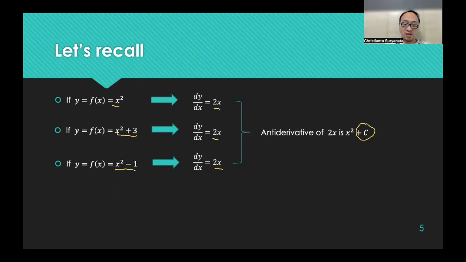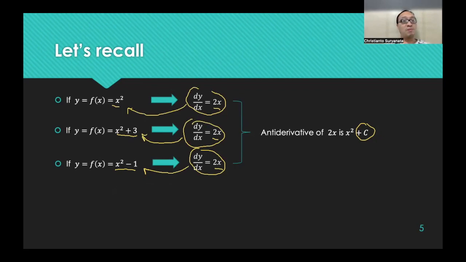So if I reverse this dy/dx into the original function, it could be x squared minus 1, or x squared plus 3, or x squared.